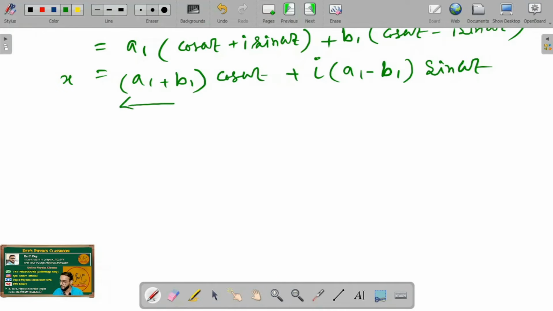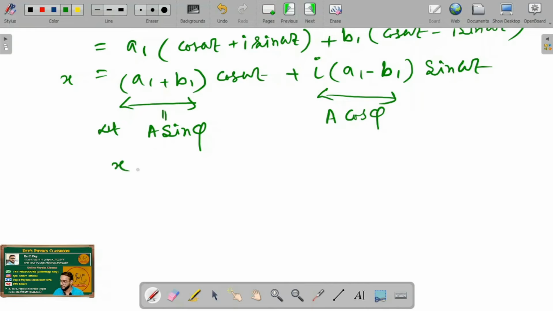Now let us take a1 plus b1 as a sin phi and i into a1 minus b1 as a cos phi.